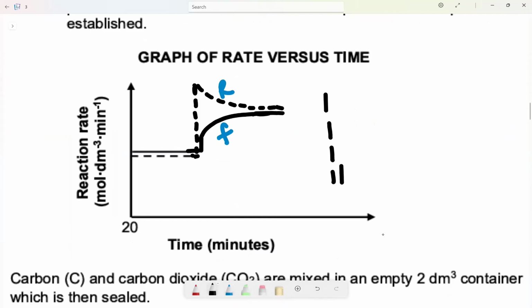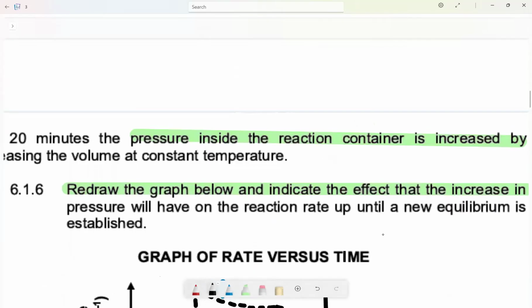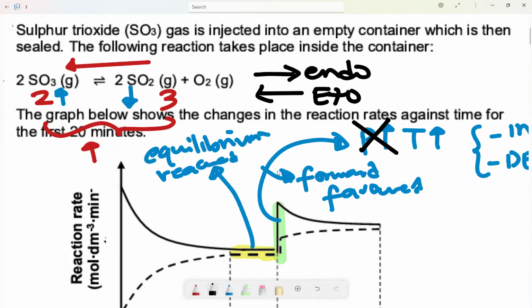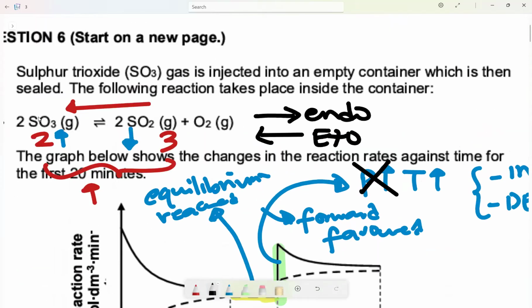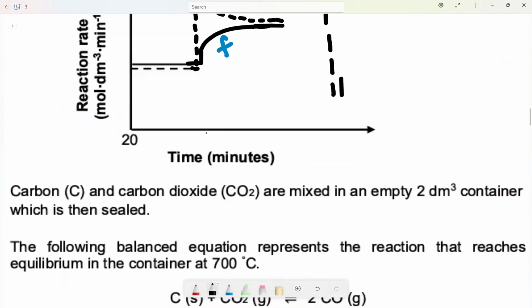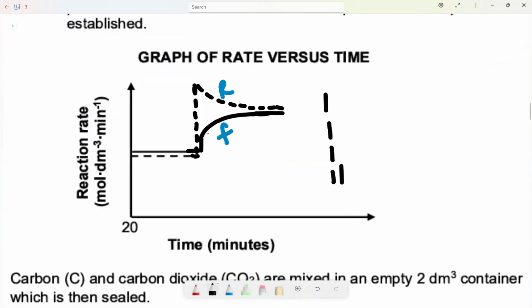Since Le Chatelier favored the reverse reaction, meaning we are forming more reactants, we know according to reaction rate, the topic that we did previously, that if you have more reactants, more collisions per unit time will occur. Therefore, the reaction rate will increase.